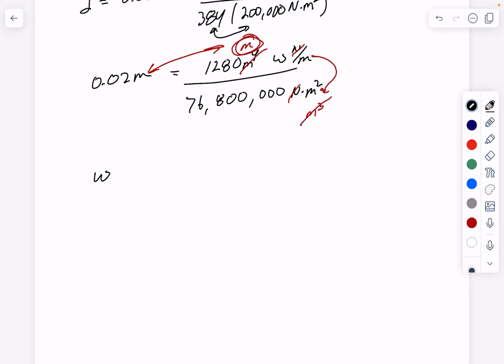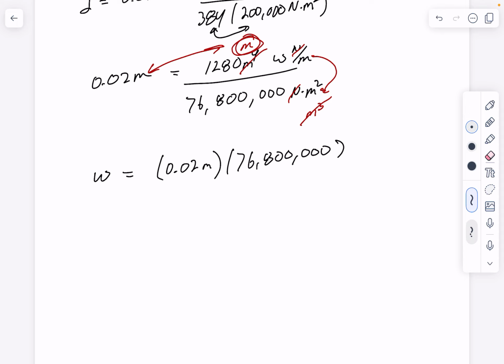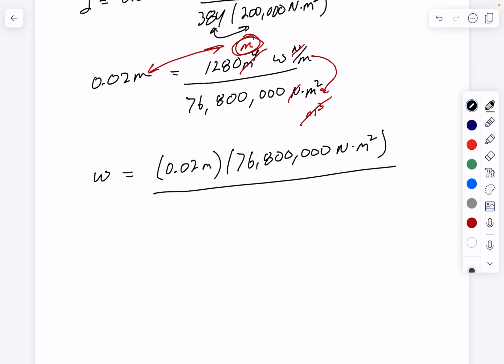But now we can solve for W, and that's going to be 0.02 meters times 76 million. The numbers really kind of don't matter here, it's just about doing the unit conversion. That's the purpose of this problem, but that's all right.